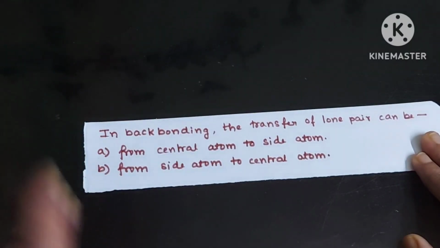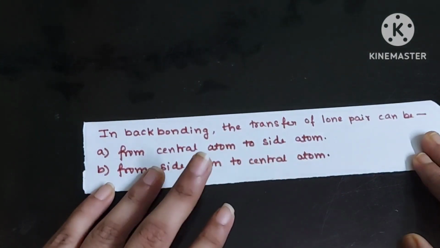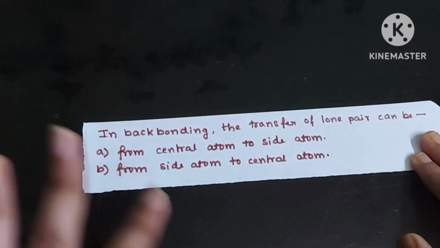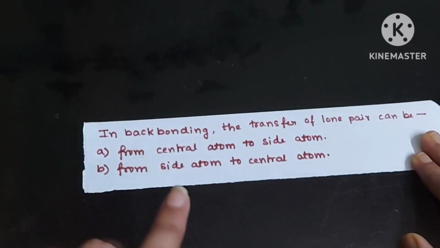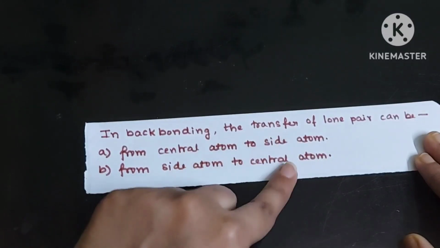Whoever has the lone pair will donate its lone pair to the empty orbital of another atom. Okay, so it can be on either side, from central atom to side atom or from side atom to central atom.